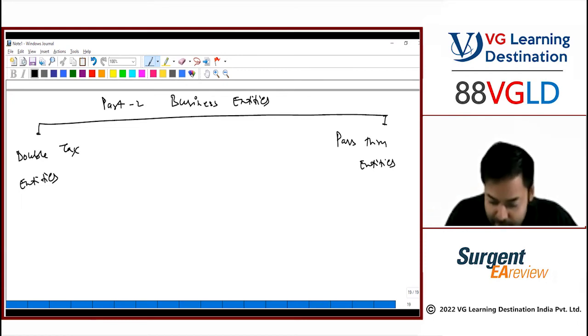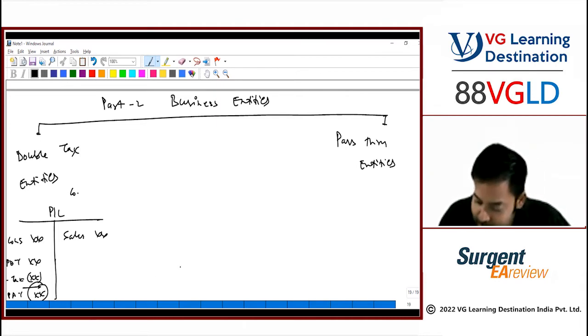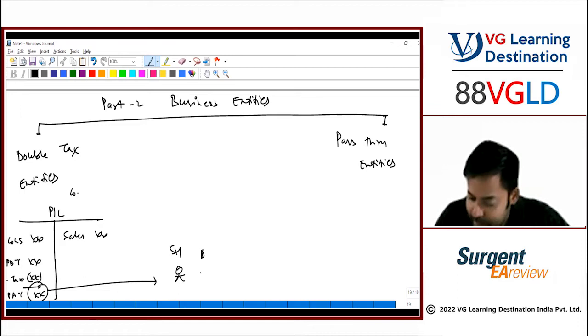Double tax entities, that means this is the P&L of the company. This is the sales, this is COGS, this is PBT, and the tax is going to be levied here, and eventually the PAT will go to the shareholder as dividend, and the shareholder will pay the tax on it.